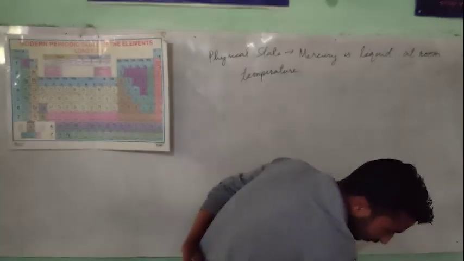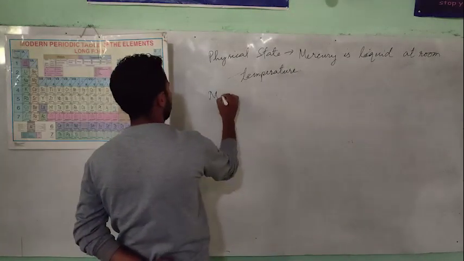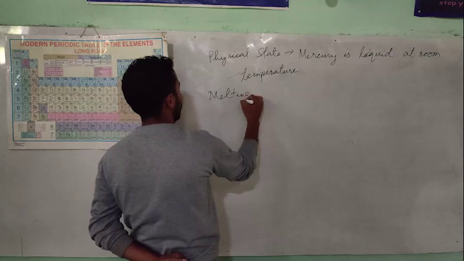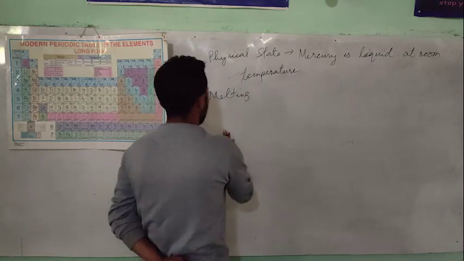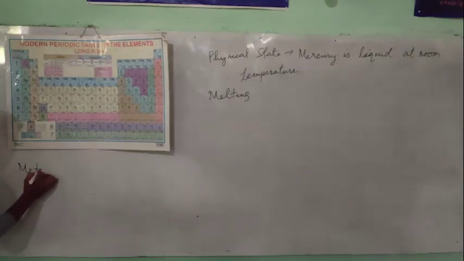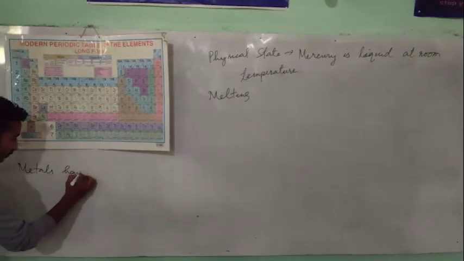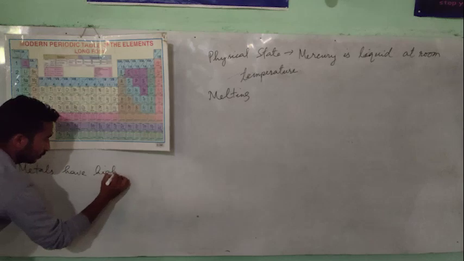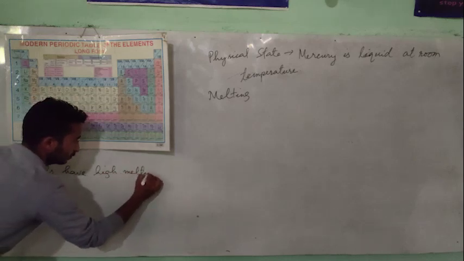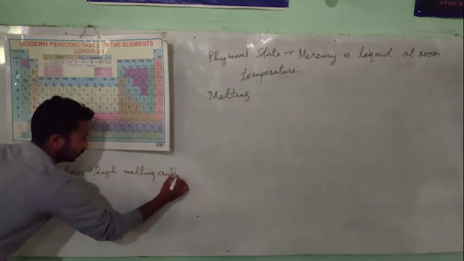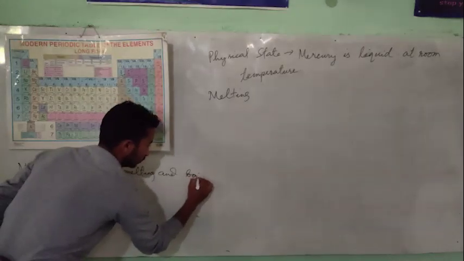The next point is melting and boiling point. Oh, sorry, I forgot to mention this point. Metals have high melting and boiling point.